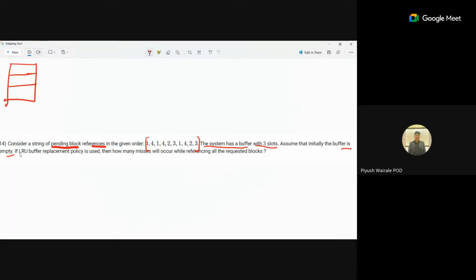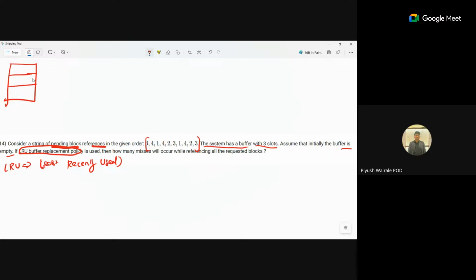Here we are applying the LRU buffer replacement policy. What is LRU? Least recently used. What do you understand by least recently used? It means the usage was very old, not among the recent ones.